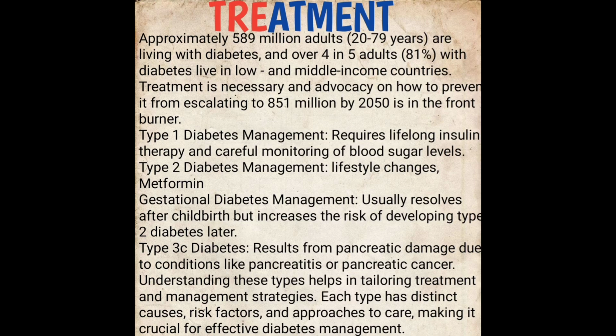Type 1 diabetes management requires lifelong insulin therapy and careful monitoring of blood sugar. Type 2, you can talk of giving metformin and the oral medications. Lifestyle changes as well. Gestational usually resolves after childbirth, but increases the risk of developing type 2 diabetes later.